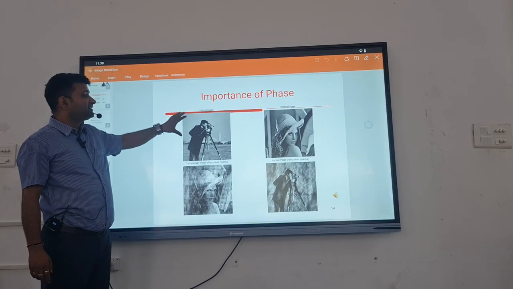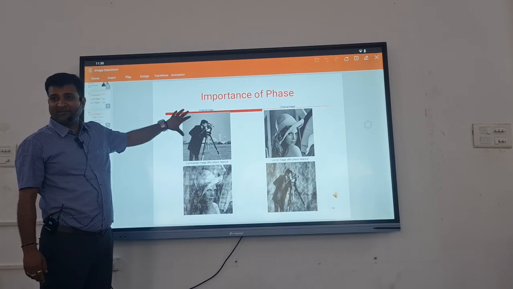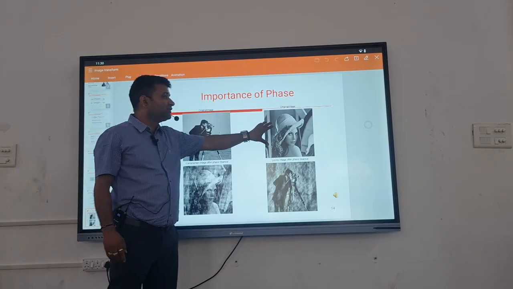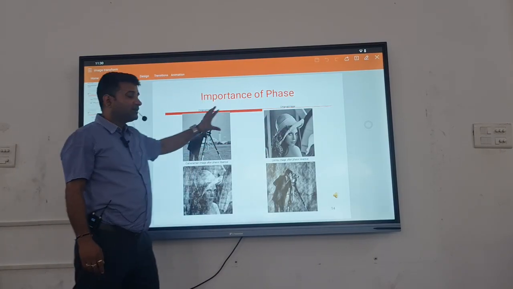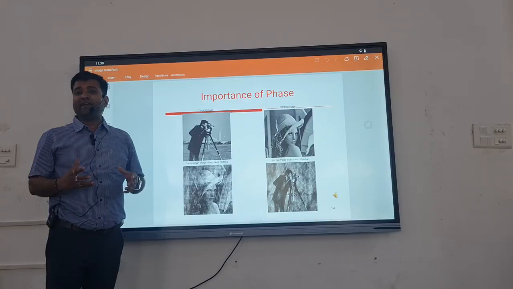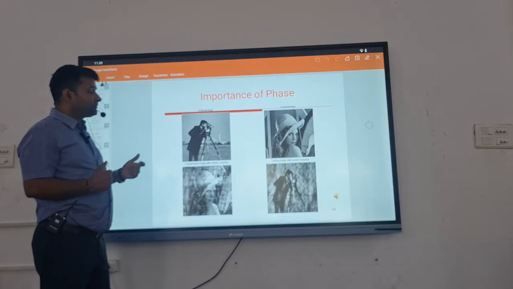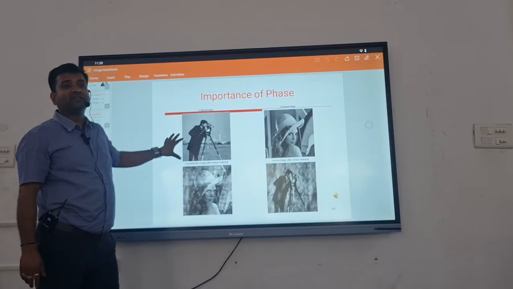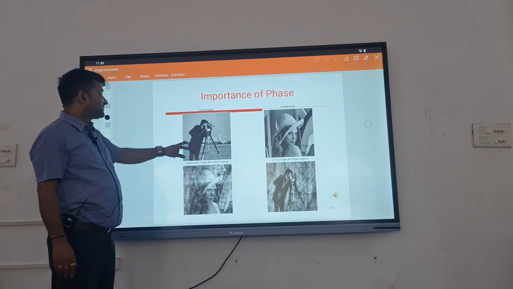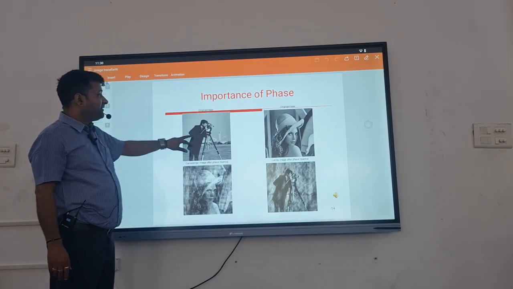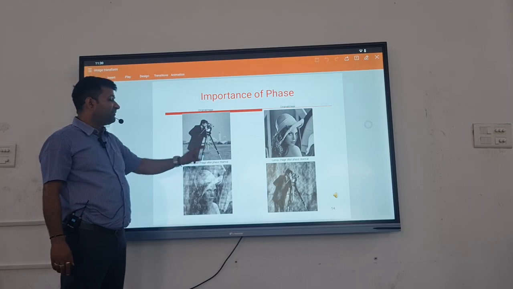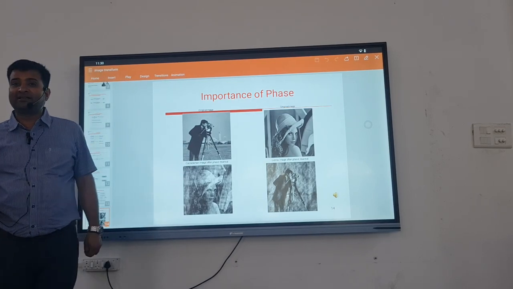The original image is taken as image A. This is a cameraman image, and the second original image is a Lena image. What is the role of phase response, phase calculations in this image processing domain? First, taking the image 1, this is the cameraman, and cameraman image after phase reversal.